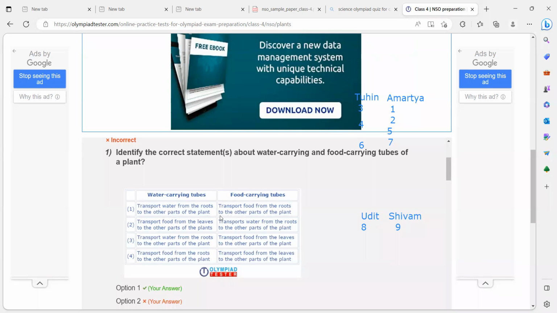Transport food from roots to the other parts of the plant, this is also correct. Transport food from leaves to the other parts of plants, this is incorrect. Transport water from roots to the other parts of the plant.